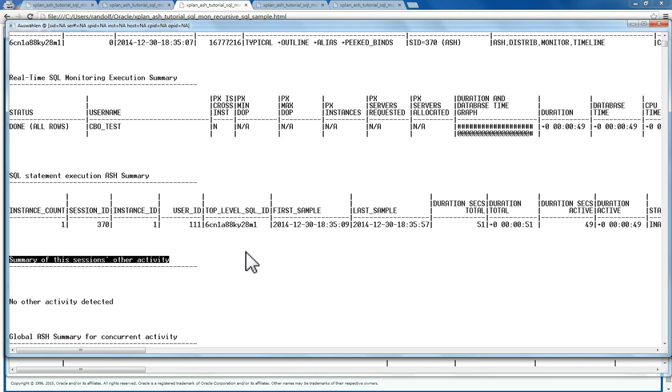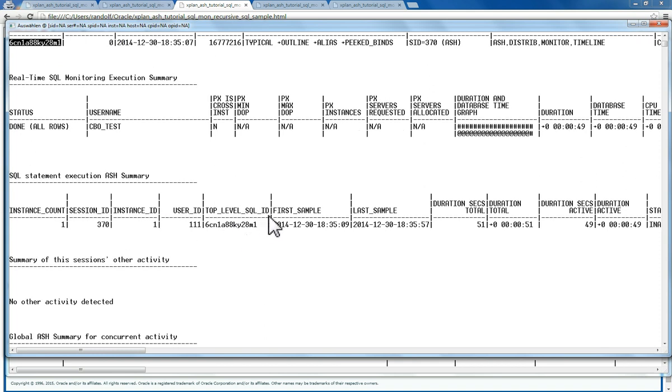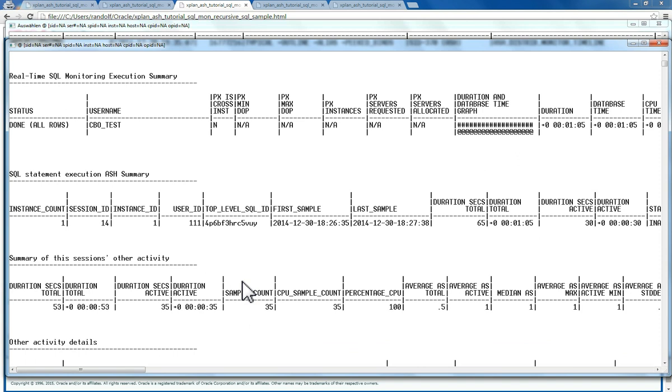In many cases you probably will see an output like this, where explain-ash tells you I haven't seen any other SQL ID, and all active session history samples analyzed are actually about this main SQL ID, that is this main SQL execution that is analyzed. But it's also possible to end up with a different pattern, which would look like this here.